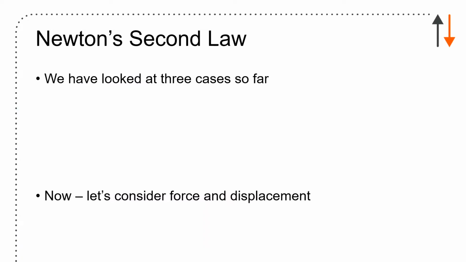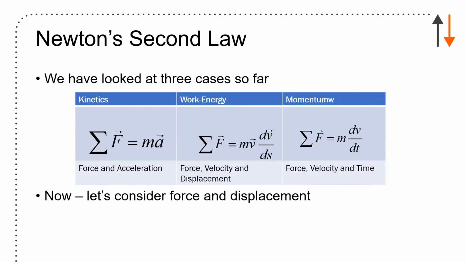Now, in terms of Newton's second law, one of the things I've tried to emphasize is that Newton's second law drives this course. We've had three different types of cases: kinetics, work energy, and momentum. Kinetics has been force and acceleration, work energy has been force, velocity, and displacement, and momentum has been force, velocity, and time.